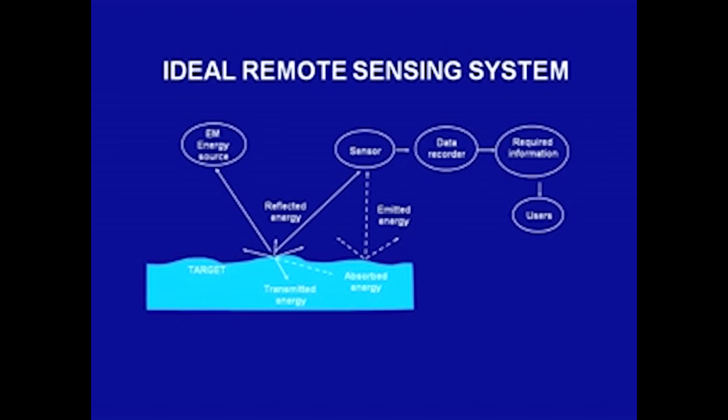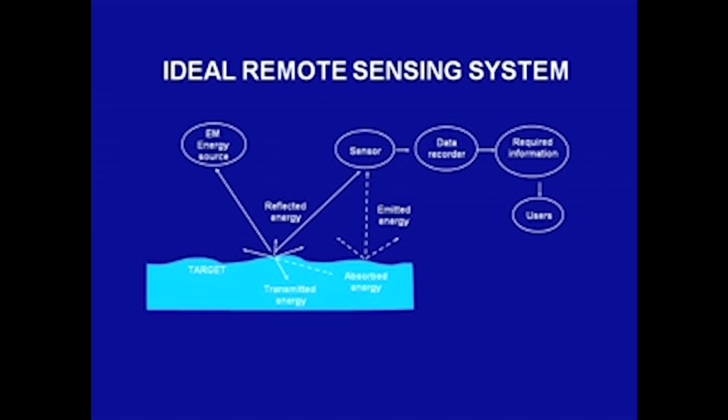This particular slide shows that there is an electromagnetic energy source which strikes the earth. On the earth surface, it gets reflected and it is collected by the sensor. There could be some emitted energy also coming from the earth surface which could also be recorded by the sensor.